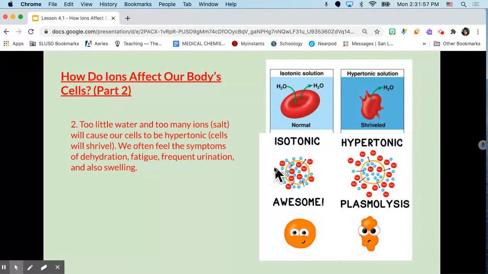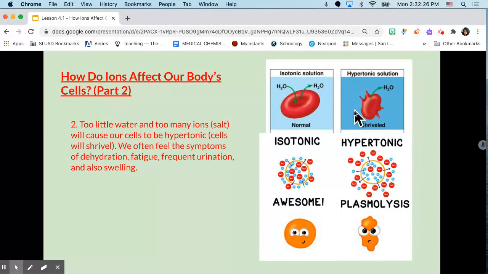So here, notice that there tends to be equal amounts of water, the blue circles, and salt, the red circles. But here, if there are way more red circles or salts, in order to balance both sides or maintain homeostasis, our body is going to push out the water inside of our cells outside.